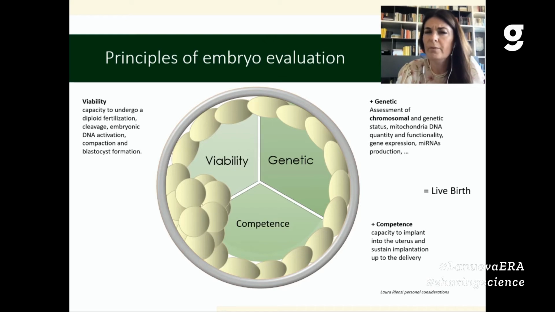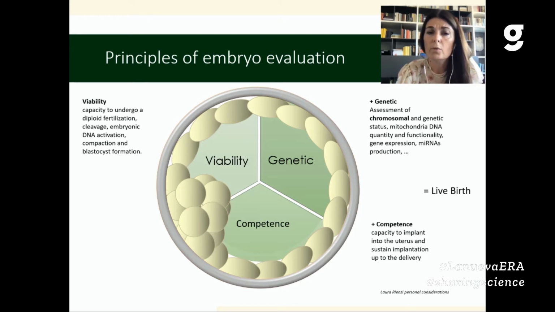First of all, before thinking about testing the DNA, we have to be sure that the embryo we are testing or evaluating is viable. It means that it underwent diploid fertilization, the cleavage, and the blastulation. So this is very important. Only reaching the blastocyst stage is already a very important step in the embryo evaluation.